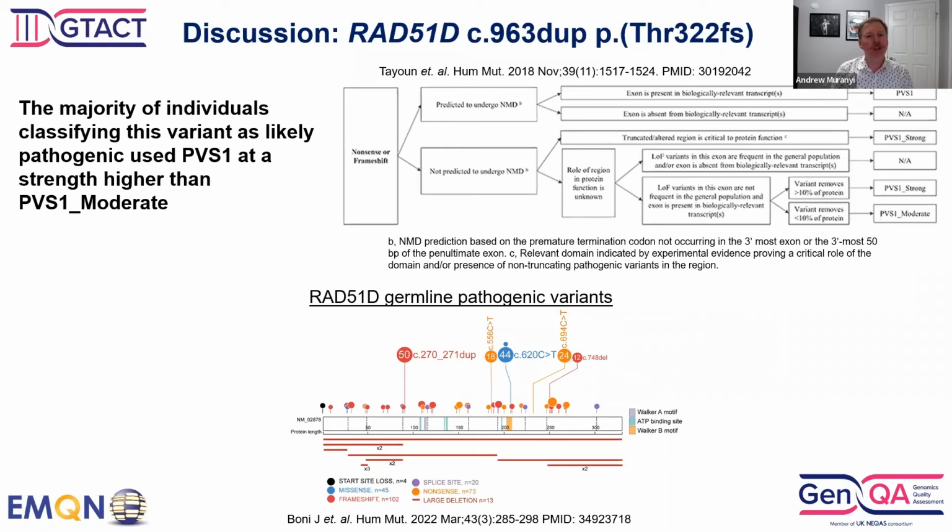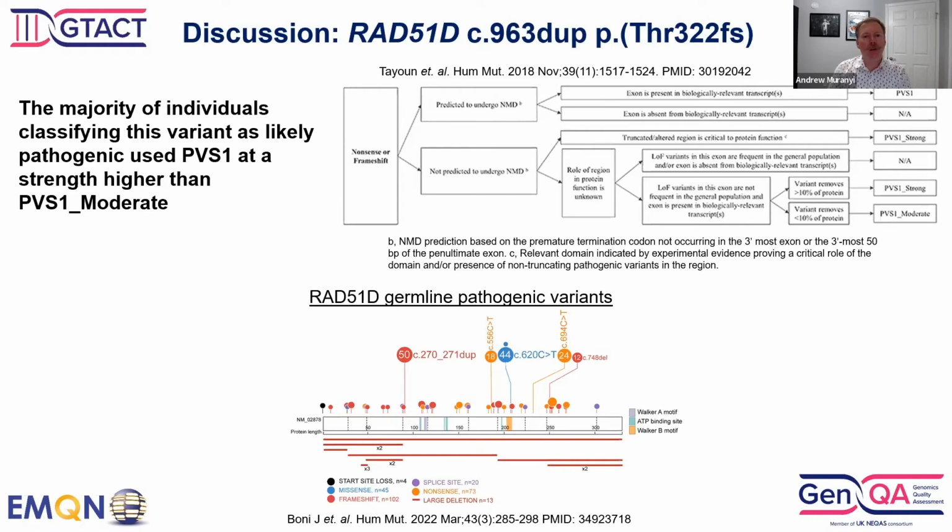tie-in publication that goes over the PVS1 decision tree. So we have a non-sensitive frameshift variant, which is in the last exon, so it's not predicted to undergo nonsense-mediated decay. Although this variant is found in a domain, it's not in a critical region of that domain or a highly conserved region of that domain.